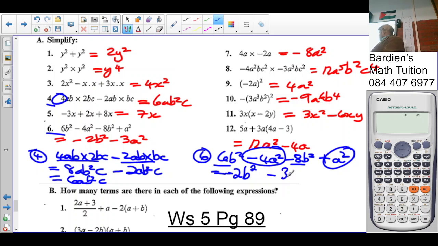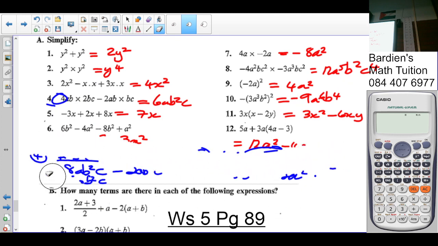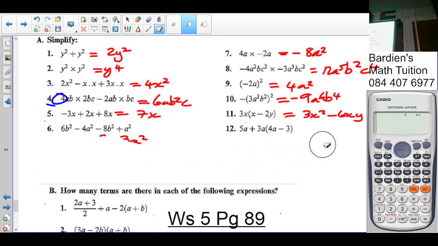There we go, negative 3a squared. Okay. Anything else with the first column? No? Second column? From numbers from 7 to 12. Any issues there? Any problems with numbers 7 to 12?